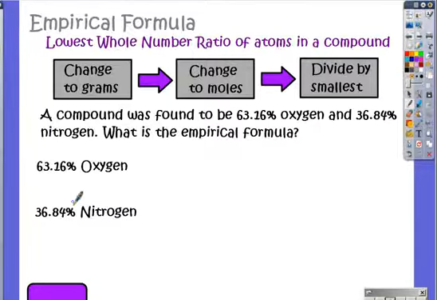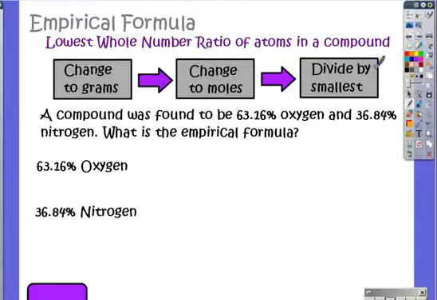What we want to do first is take the percentages and change them to grams. Then we're going to change the grams into moles. And then we're going to take whichever one is the smallest of either the oxygen or the nitrogen, and divide both numbers by that smallest number. And that should give us our whole number ratio. Sometimes adjustments need to be made if you end up with a fraction, and I'll show you how to do that.